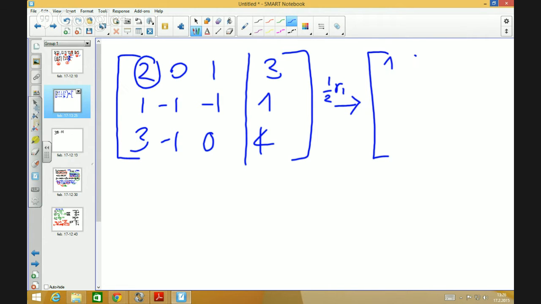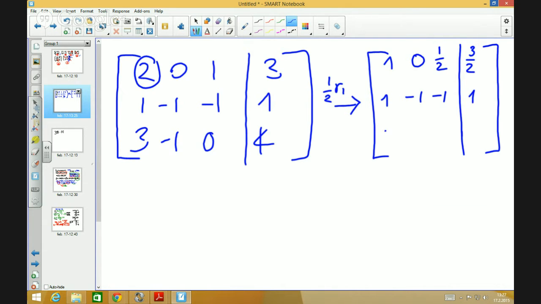This becomes a 1, this becomes a 0, this becomes a 1/2. This becomes a 3 over 2. This becomes a 1, stays a 1, because here we haven't done anything at all. Okay, so we got a 1 now in the right place.